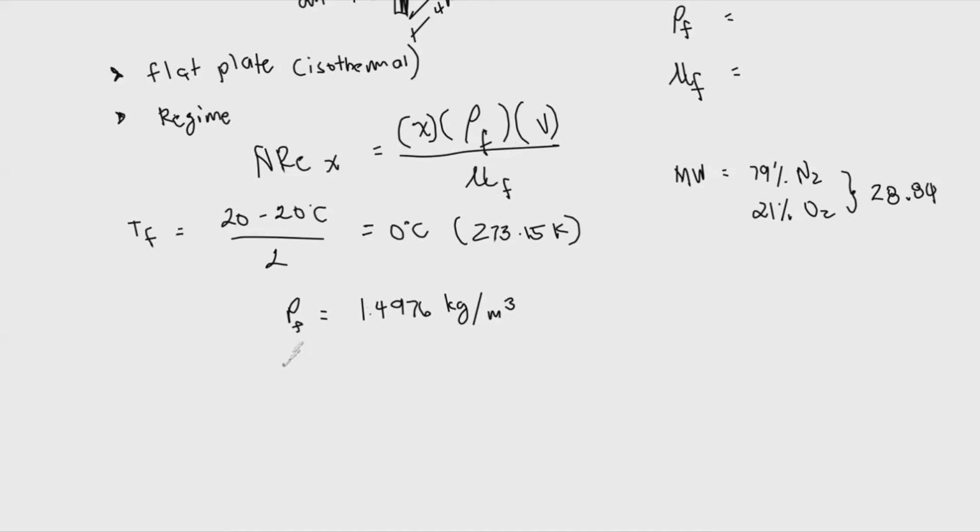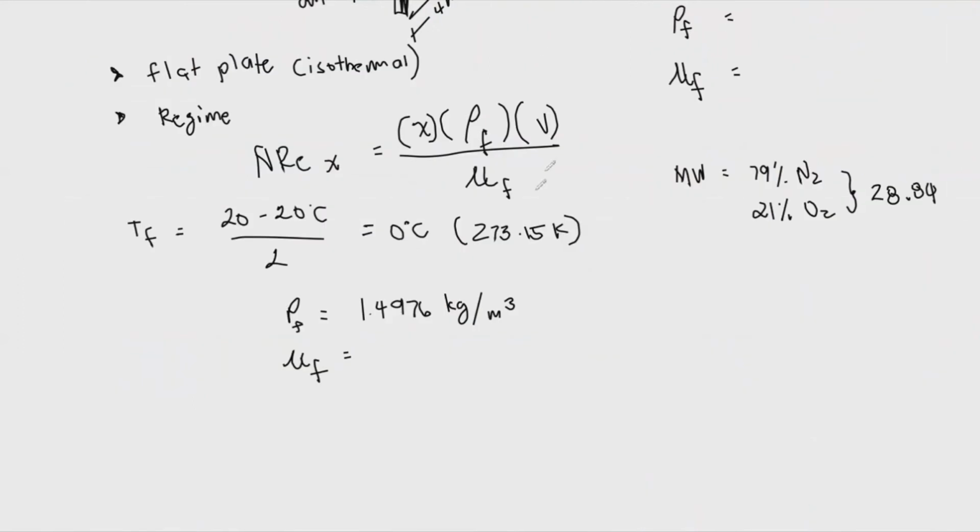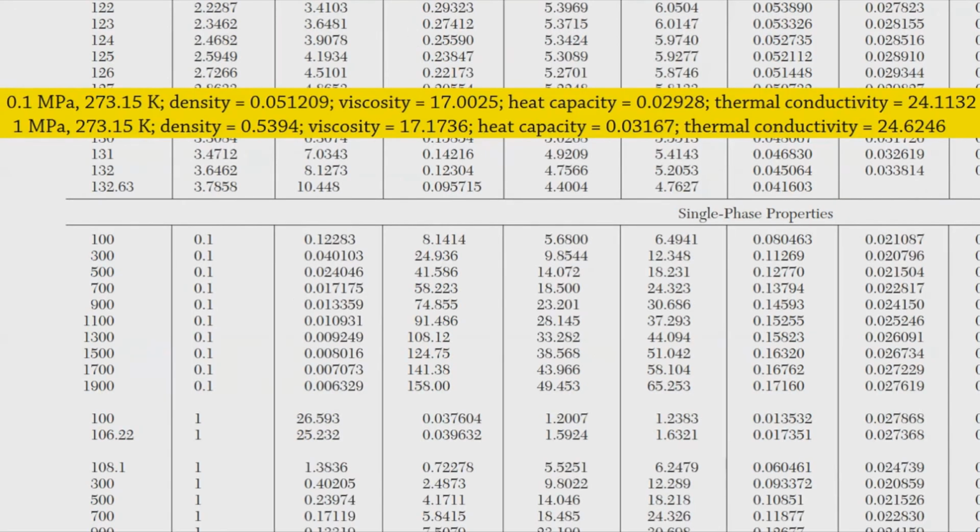And then, of course, I need to find the dynamic viscosity at the fluid temperature. In this case, I use this 0.1 and 1, then interpolated 0.101325 using these two values, and I get a value that is close to 17.0025. So the answer is 1.7003 times 10 to the negative 5 Pascal second, since this one's given in micropascal second.